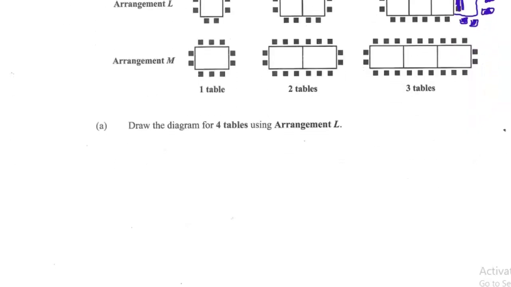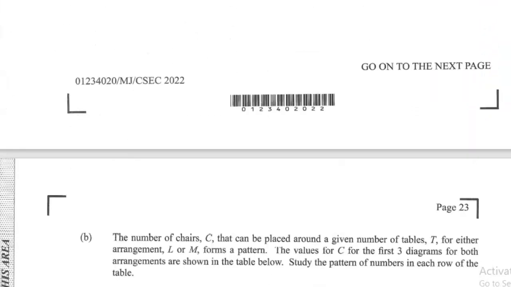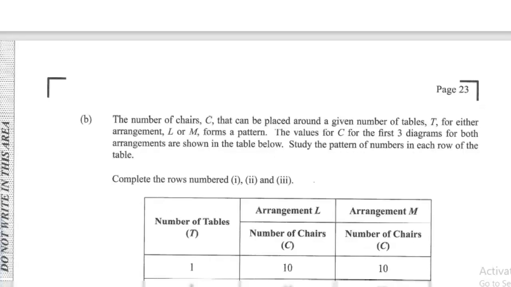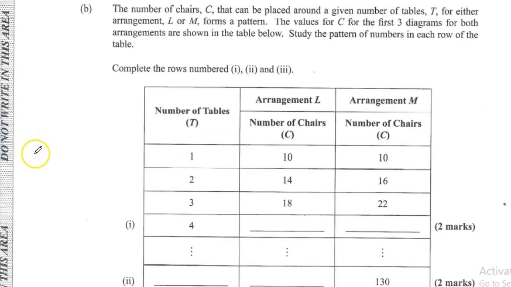Let's continue to part B. The number of chairs C that can be placed around a given number of tables T, for either arrangement, L or M, forms a pattern. The values for C for the first 3 diagrams for both arrangements are shown in the table below.